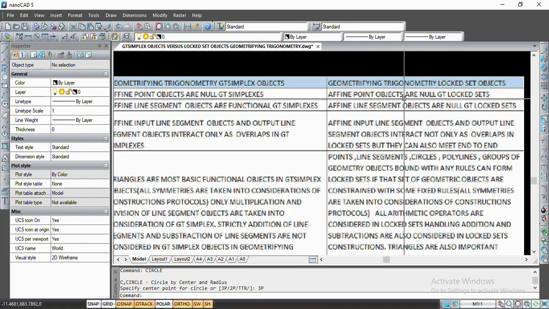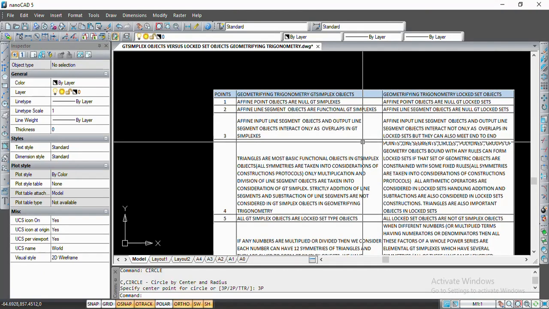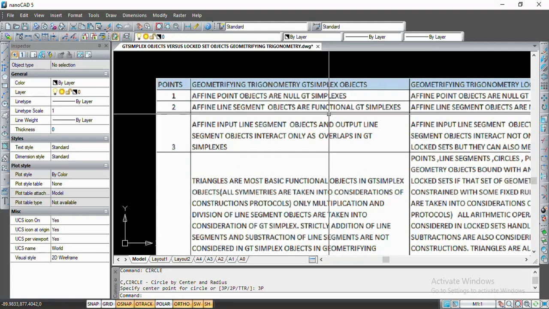Affine point objects are null GT locked objects. In locked set cases also, these point objects are not discussed too much. When we discuss line segments, circles are also not discussed too much. The circles are important for theorem designing, but in the construction protocol, the mirroring, align to scale, align scale to fit, align and not scale to fit, scaling, rotation, these are involved.